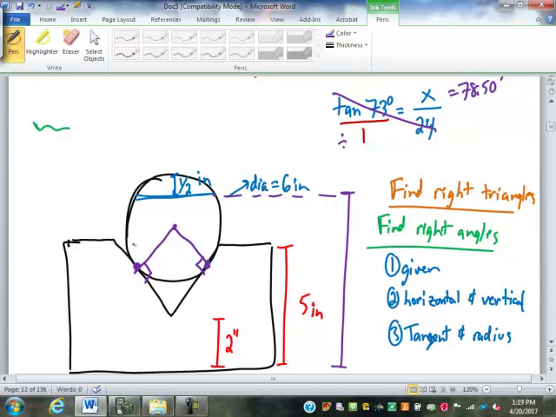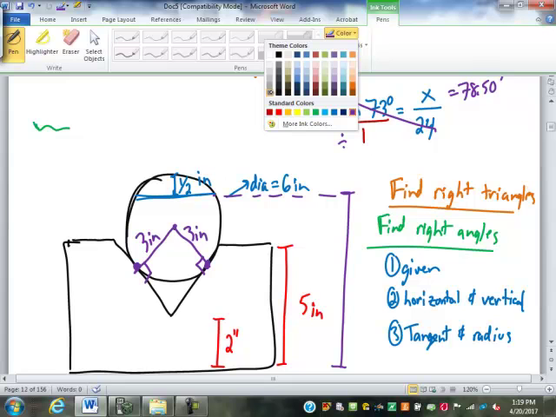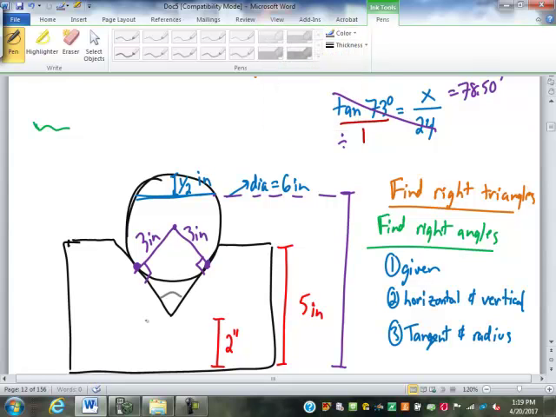We know the radius is 3 inches. We do have to be given the angle of the V block. So if I tell you that that angle there is 100 degrees.